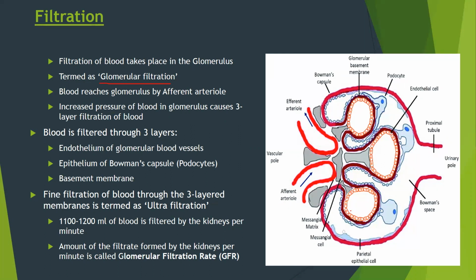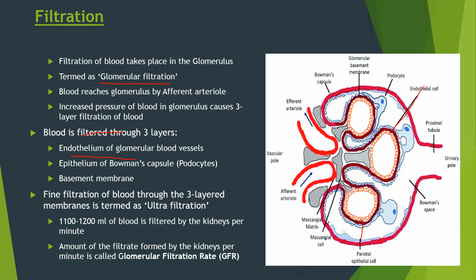The blood gets filtered through 3 layers. The very first is the endothelium wall of the glomerulus, this pink layer, the endothelial cells of the glomerulus.